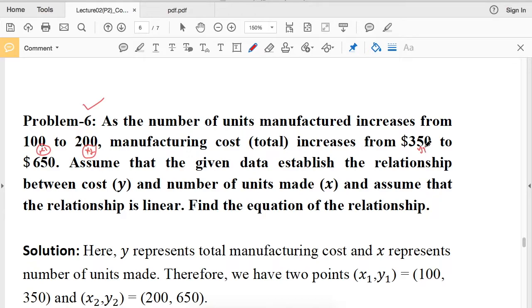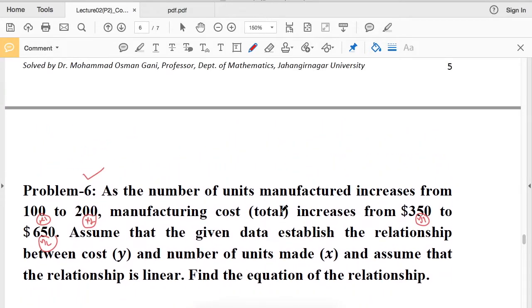So this one will be your y1 and this one will be y2. Assume that the given data establish the relationship between cost and number of units made, and assume that the relationship is linear. Find the equation of the relationship.